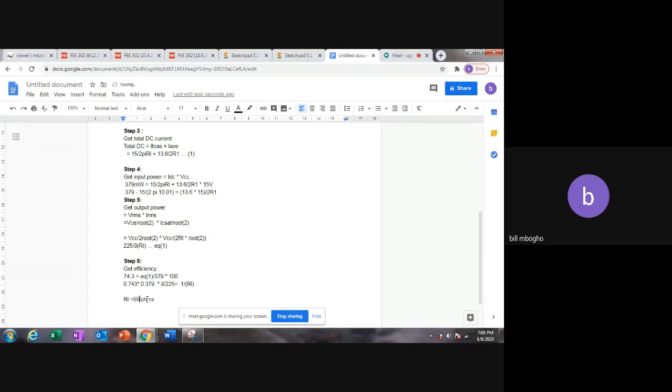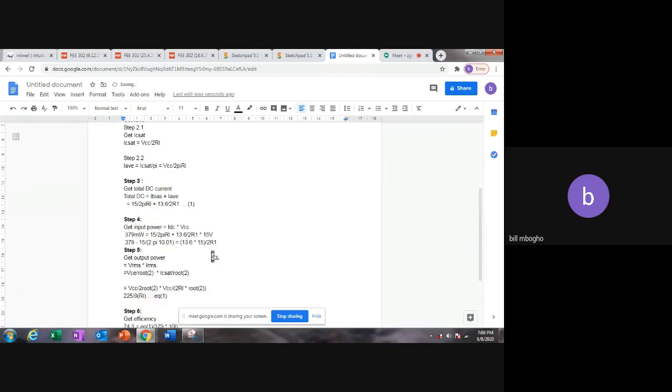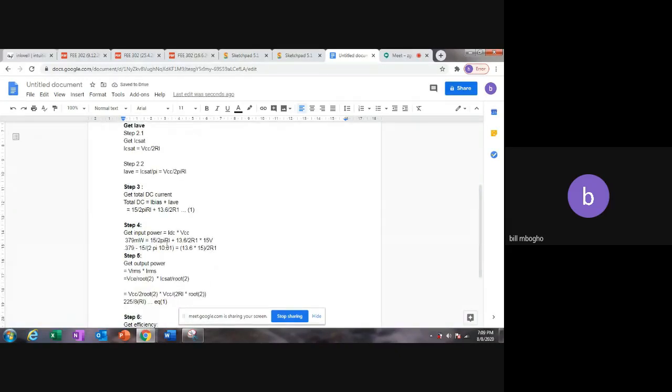So to get RL, do the reciprocal, which comes to 99.8788 ohms. Now you put that value of RL here, 99.88, and solve for R1.